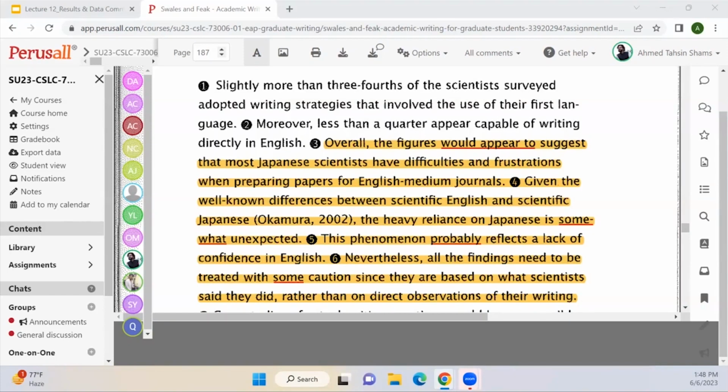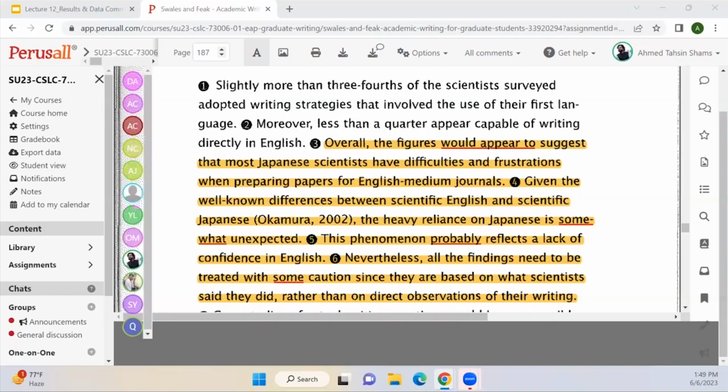Shravan, we good? This group done? Dylan?